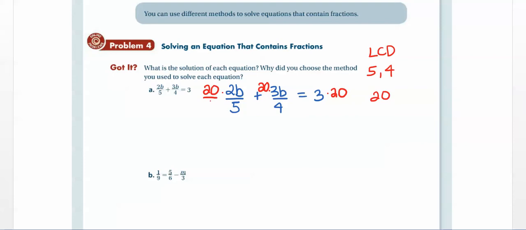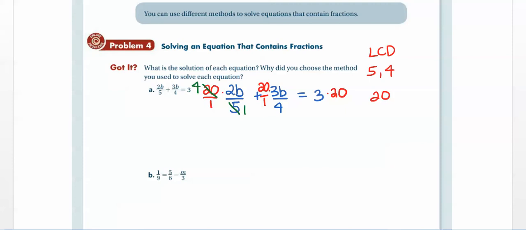Now where I have a whole number, I'm going to put it over 1. Okay, so then here the 5 does cancel into the 20, and it leaves behind a 4, because it's not just 5 and 5 like the last time. And that's okay. We can have extra stuff on the top. Our goal is just to get the denominators to go away.